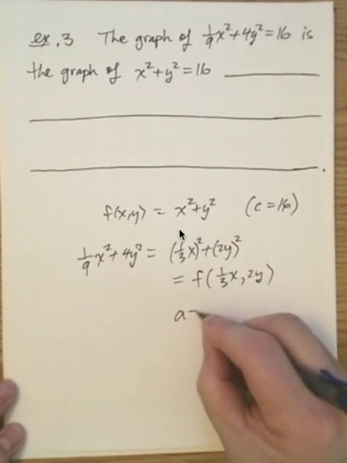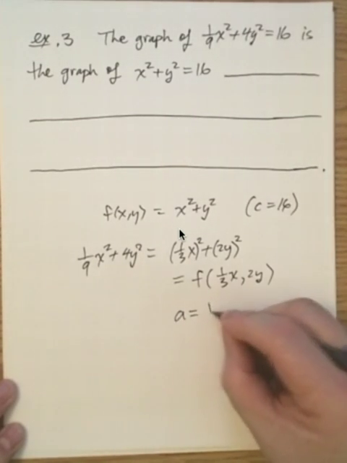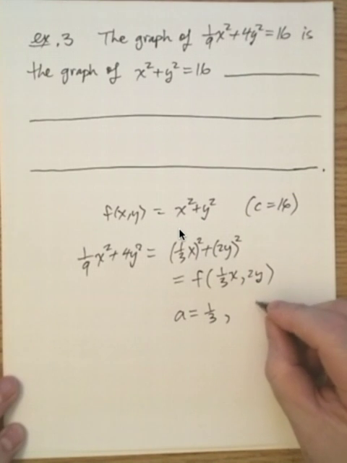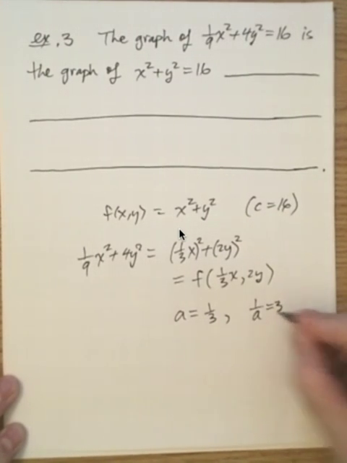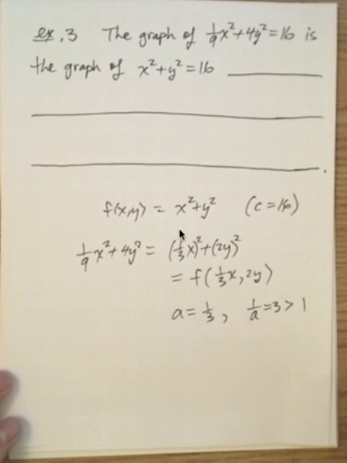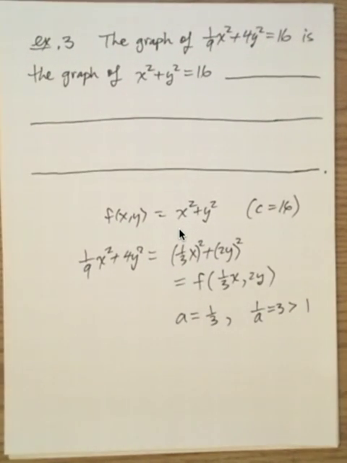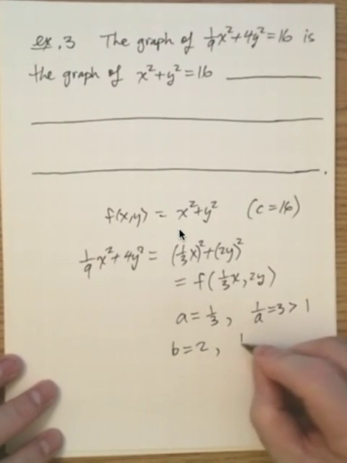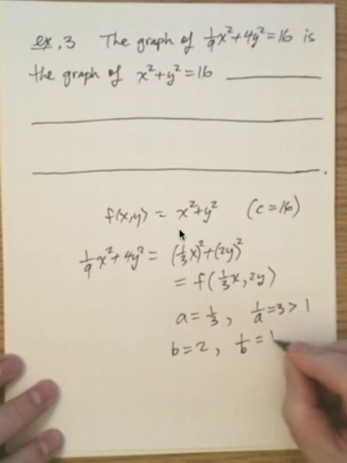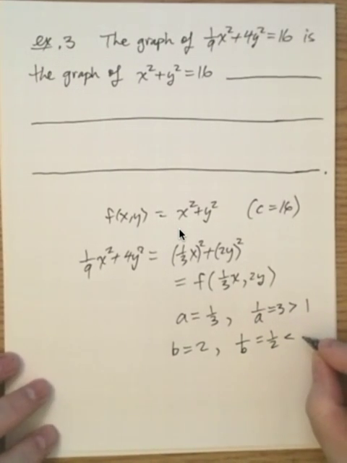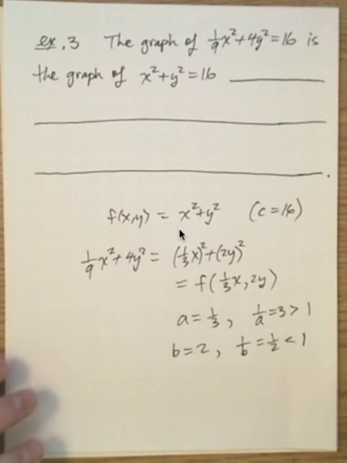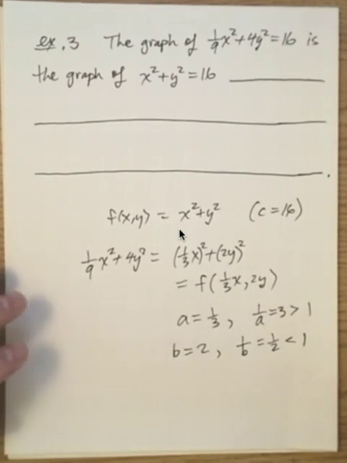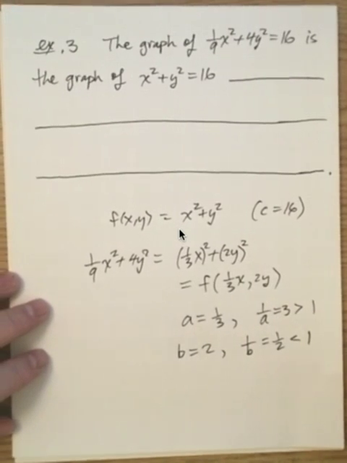Our a here, the factor on x, is 1/3. That means its reciprocal, 1 over a, is 3. That's certainly greater than 1. Therefore, we're stretching in the x direction. Our factor on y is b. b is 2. 1 over b is a half. That's less than 1. So it looks like we're getting a compression in the y direction. Let's finish out this sentence here.